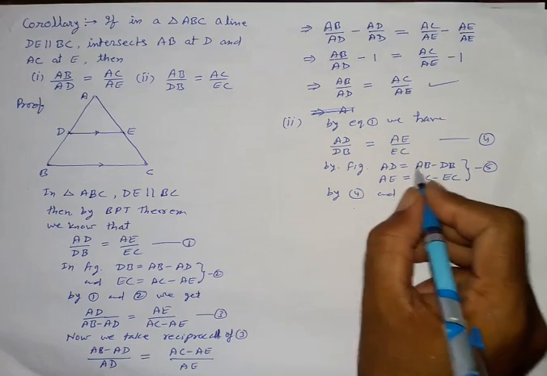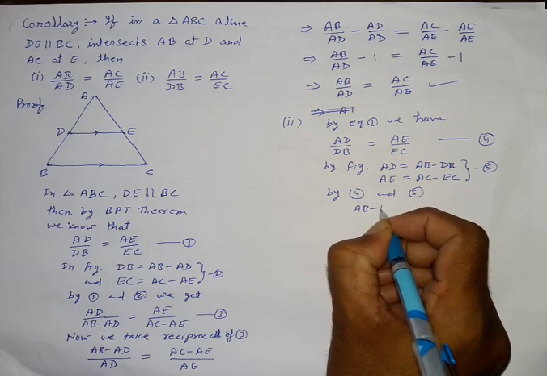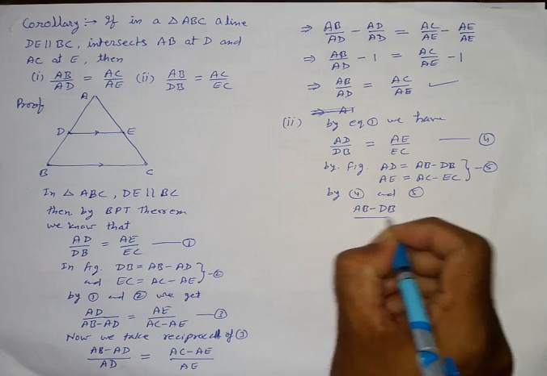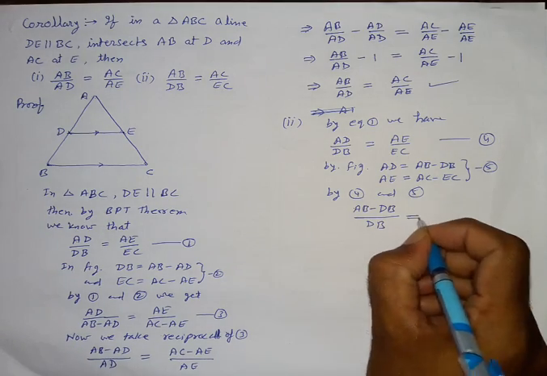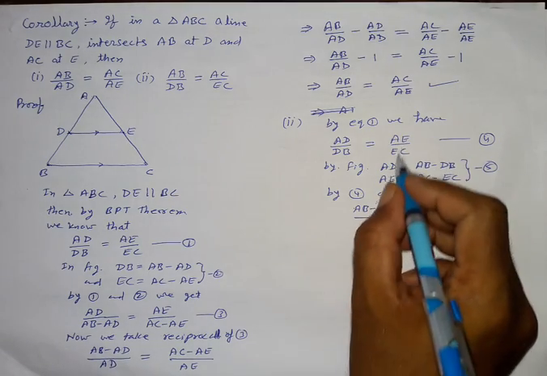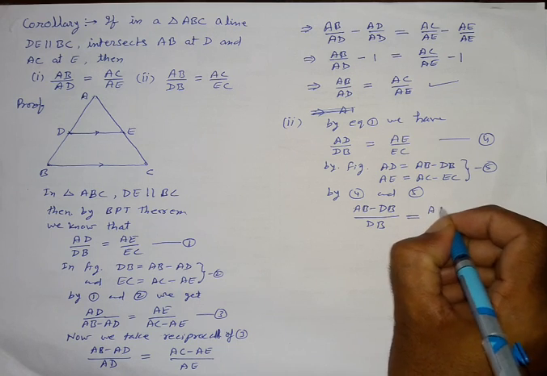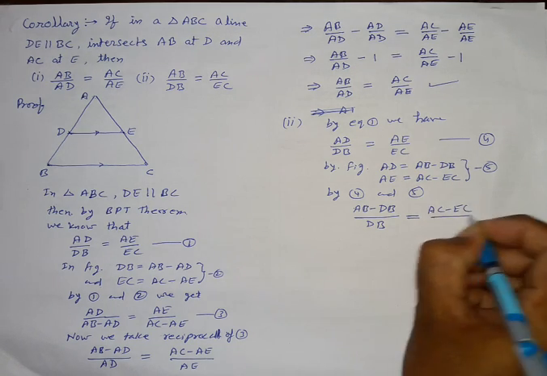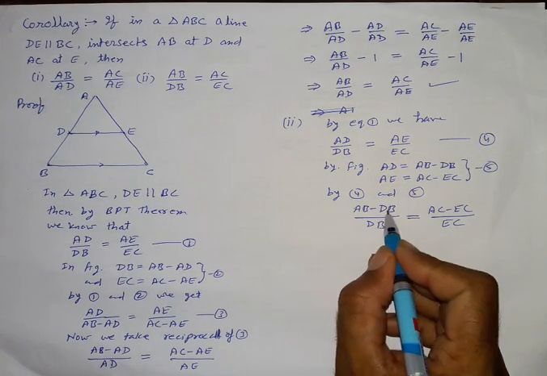Replace AD by AB minus DB, so AB minus DB upon DB is equal to, we replace the value of AE by AC minus EC, so AC minus EC upon EC, and we divide both these terms by DB.